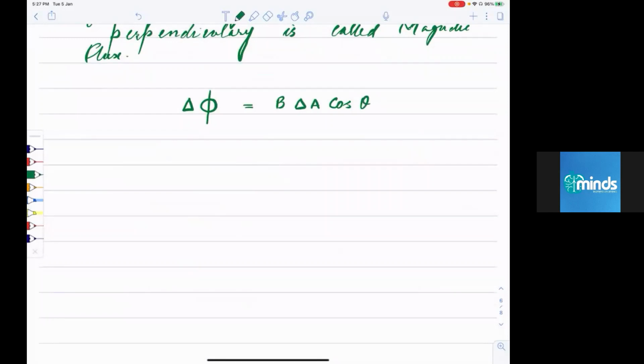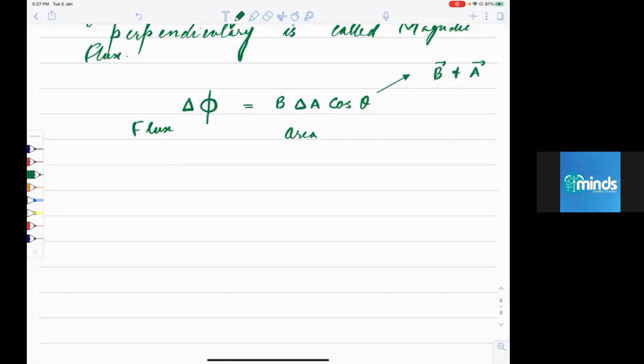This delta phi is called flux. This B is called magnetic field of induction. Delta A is actually the area of the surface, and this theta is actually the angle between B and area.